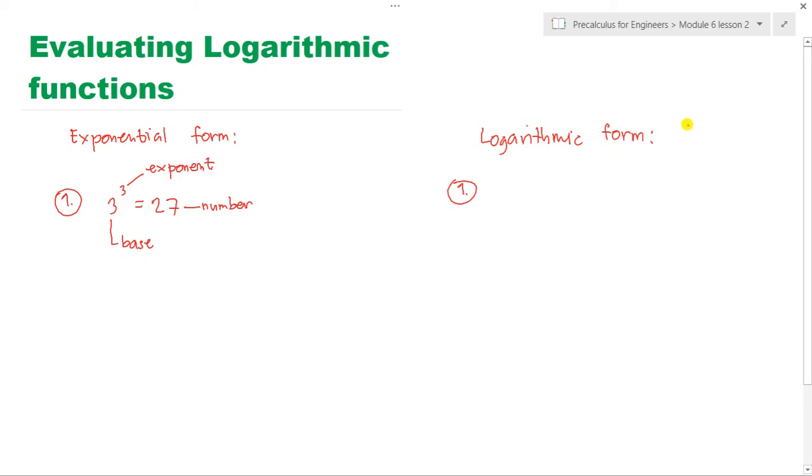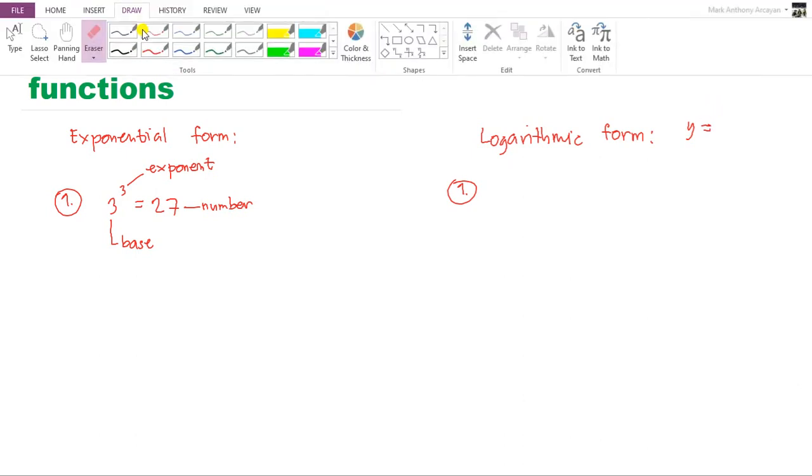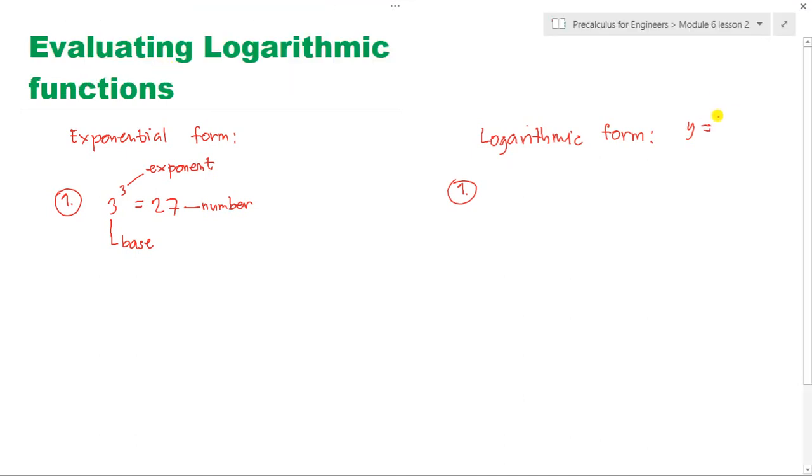That is just the exponent y is equal to log of the number, let's say x, with the base of a.